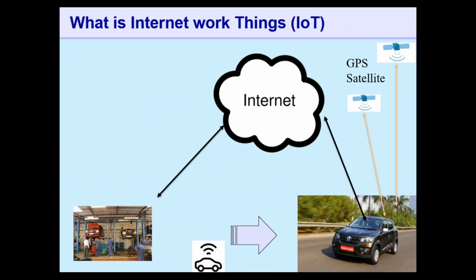And what about the Internet of Things? The Internet of Things is really needed when that embedded computer needs to communicate with some external entity. A very good use case is, let's say you have a car and you have a mechanic.